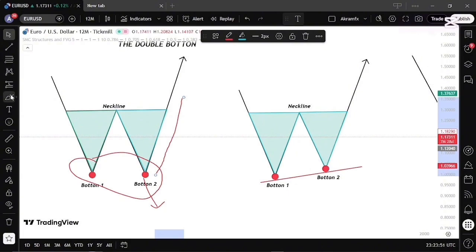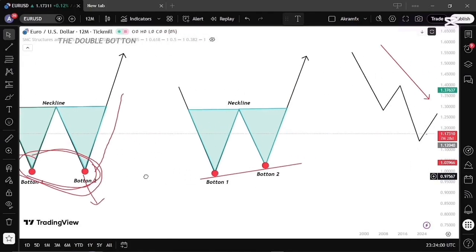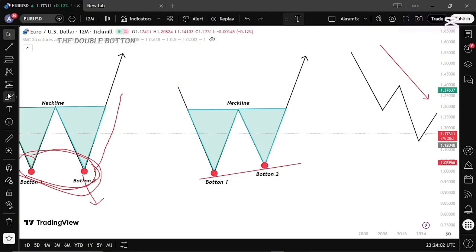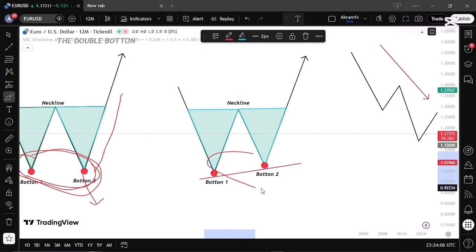These bottoms can either be at the same level, or the second bottom can be slightly above the first bottom, like this one.